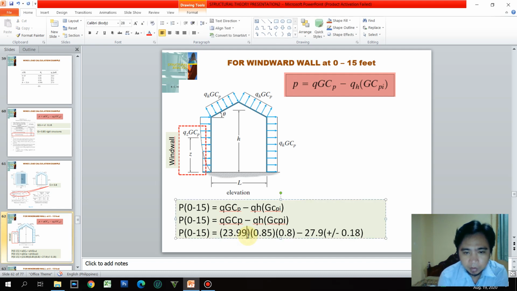Okay, and then the G is the gust factor 0.85 for rigid structure, and then 0.8 was derived as our Cp, then minus 27.9. So 27.9 here is the value of Q at 31.61, and then multiplied by plus or minus 0.18 as GCpi.